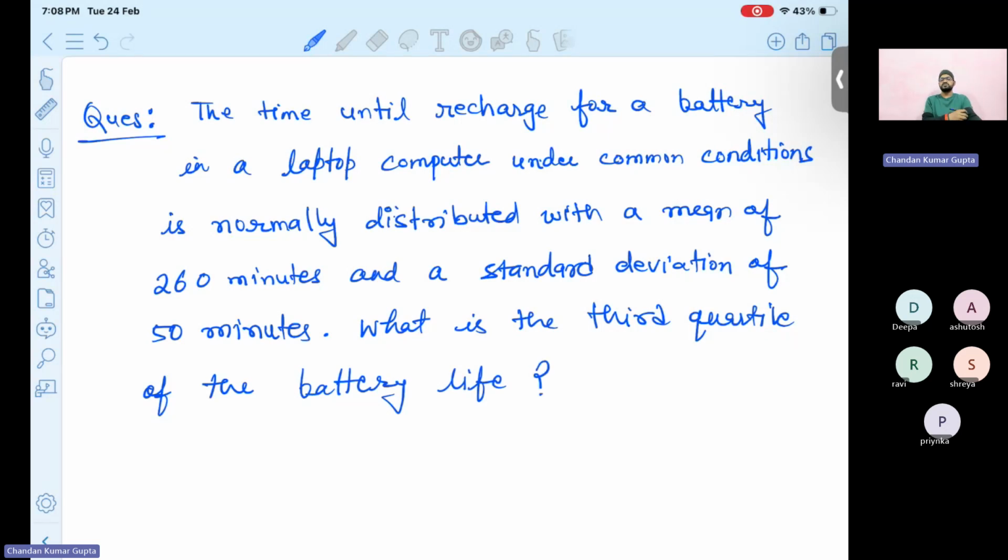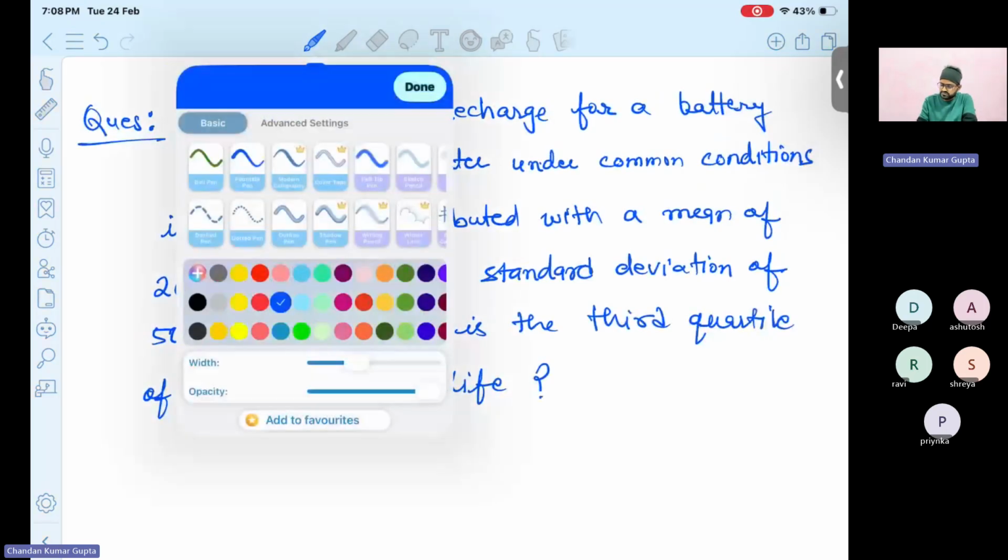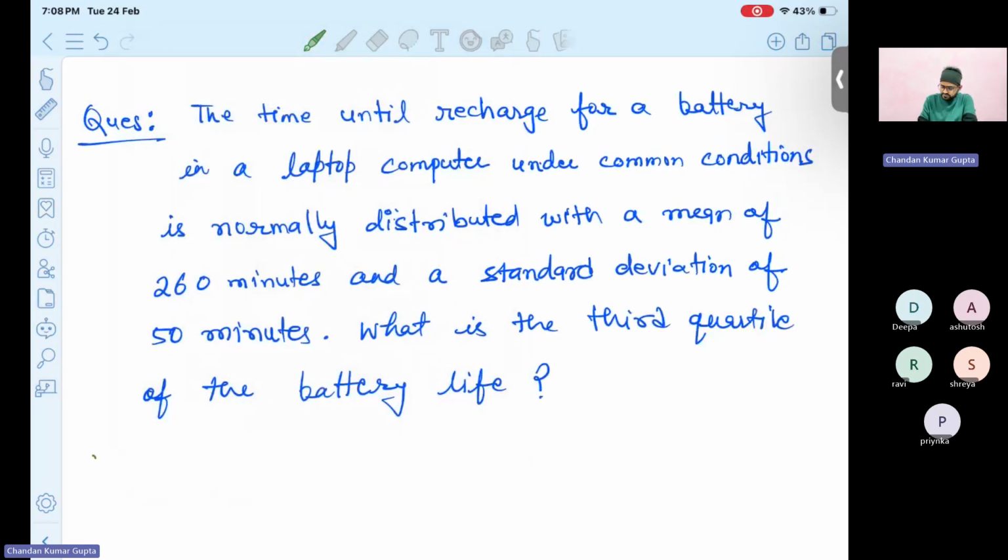Okay, so we need to calculate Q3. We are given X, a random variable, which is the time to recharge the battery.